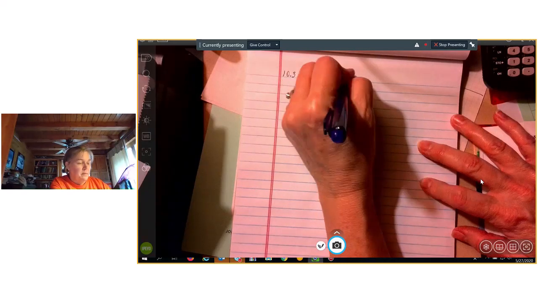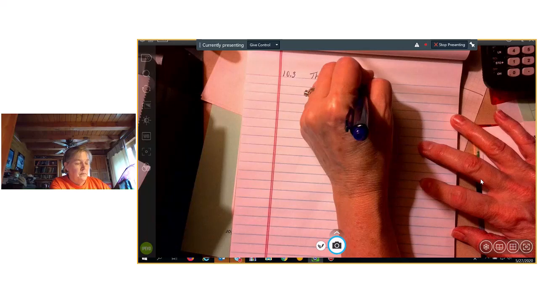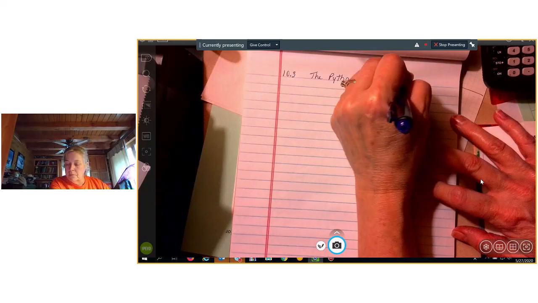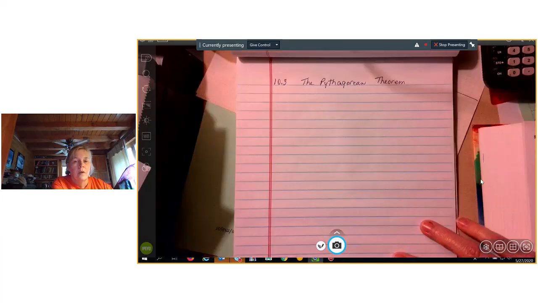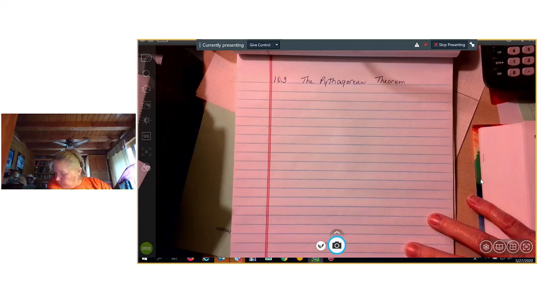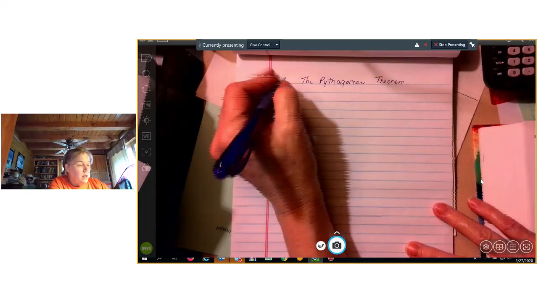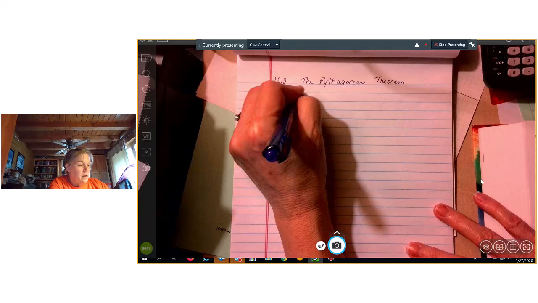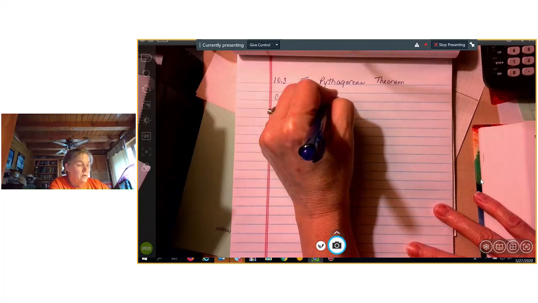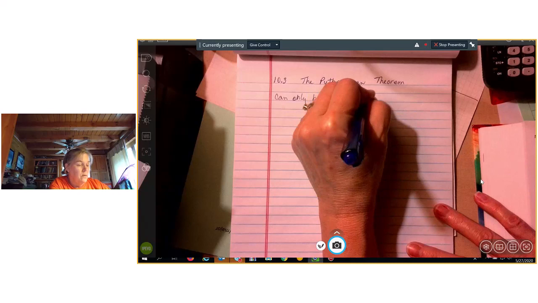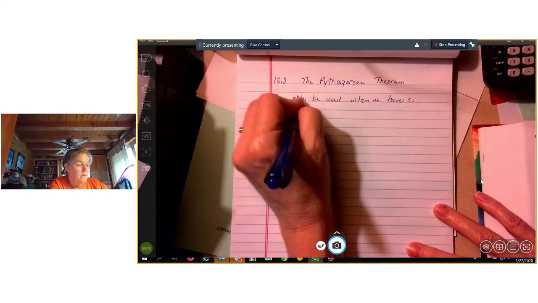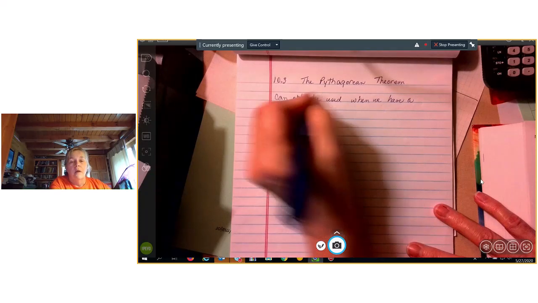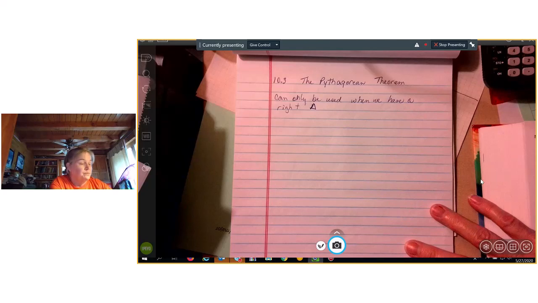The Pythagorean theorem. Now, the Pythagorean theorem can only be used when we have a right triangle.